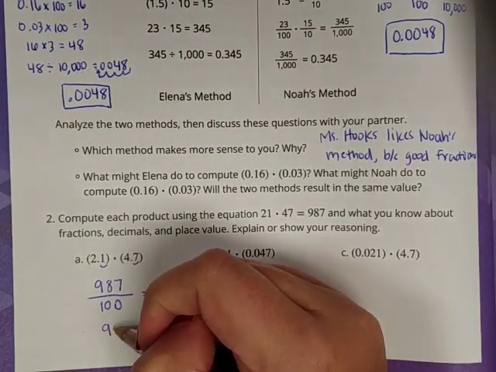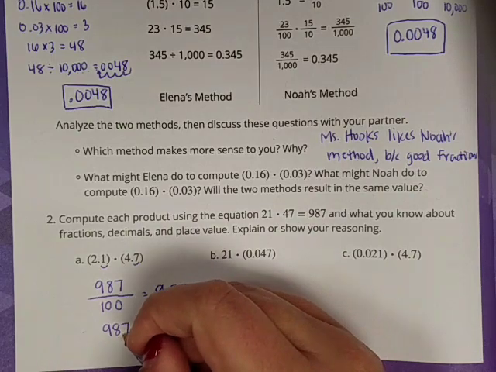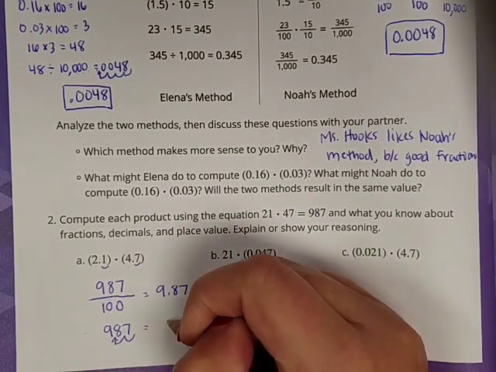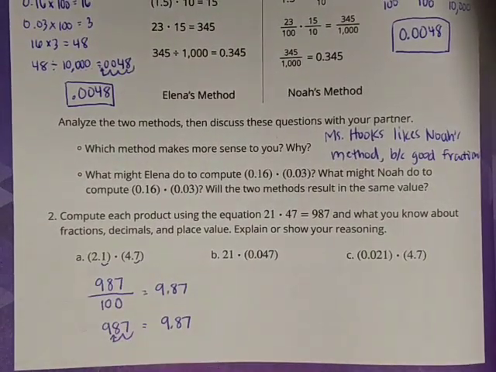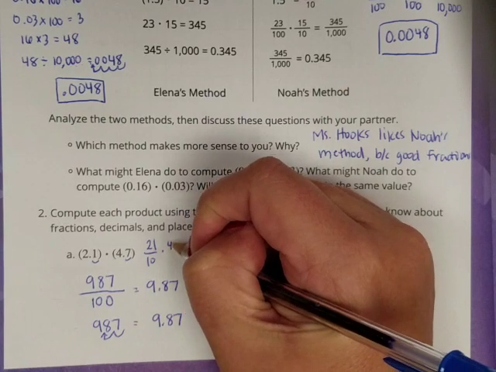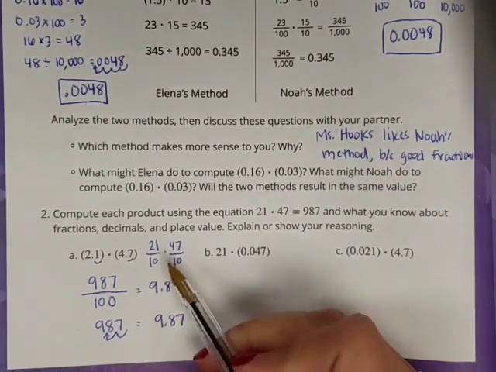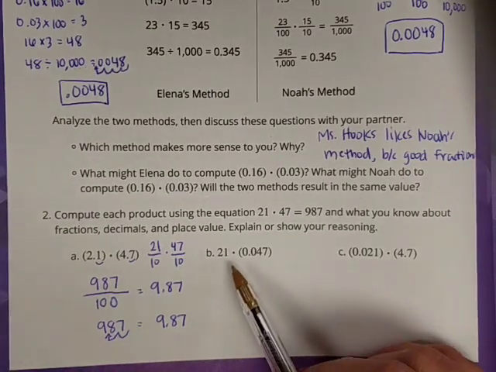Or I can take the 987 and move the decimal once, twice, and that still gives me 9.87. So both of these methods work. You could have written it as 21 over 10 times 47 over 10, and that's how you get the 987 over 100.